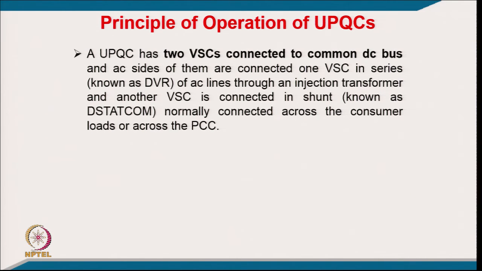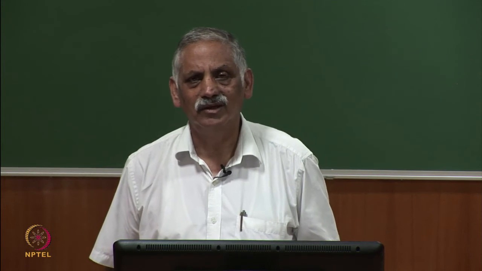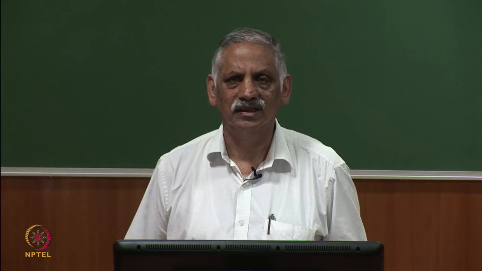But if you are applying this at high voltage, sometimes we use a transformer on the shunt also for the purpose of isolation and voltage matching. It depends on the requirement of the consumer; if you are going to use this UPQC for a very high voltage application, but you want to design the power electronics at an optimum voltage, lower than the voltage of the system where you are going to connect this UPQC.